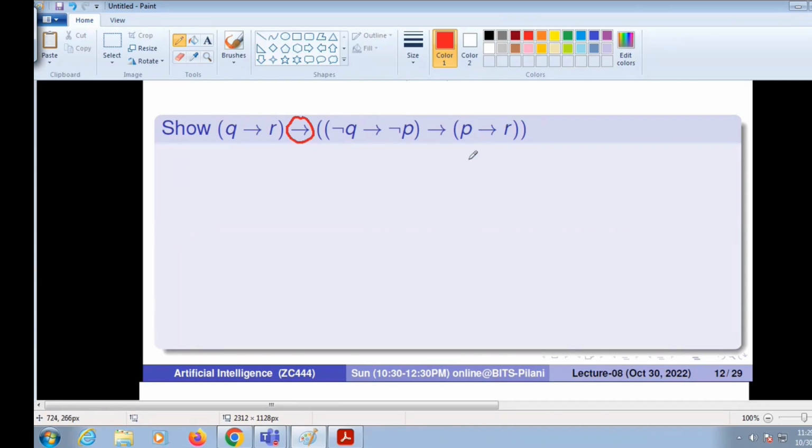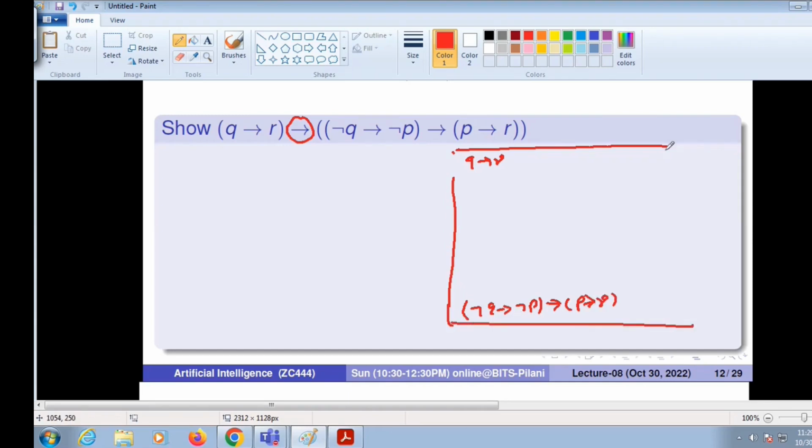Essentially, if there is Q implies R and you do something, at the end you reach where minus of Q implies minus of P implies R. If you reach this particular thing, then what can you write? You can write that Q implies R implies what? Minus of Q implies minus of P.